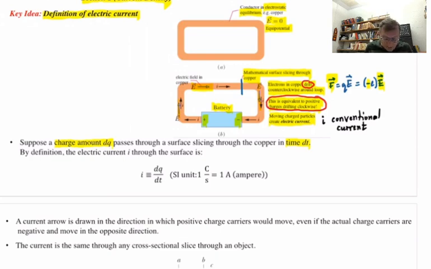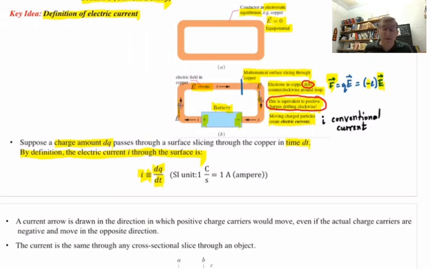And then by definition, the electric current I through the surface is defined to be the amount of charge, dq, over the amount of time, dt. A ratio of two infinitesimals, dq over dt.